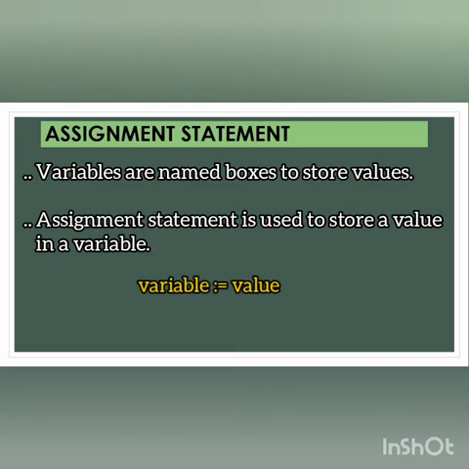So, when this assignment is executed, the value on the right side is stored in the variable on the left side. Example, m colon is equal to 2. So, m becomes 2. Here, the value 2 is stored in the variable m. So, what is the value of m? The value of m is 2.